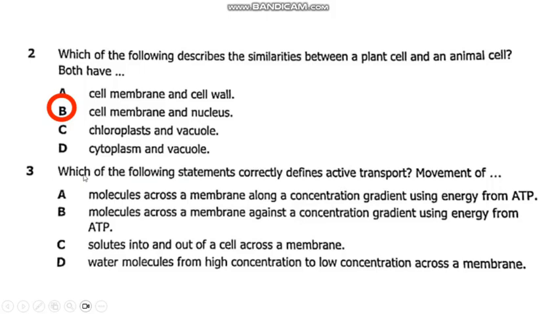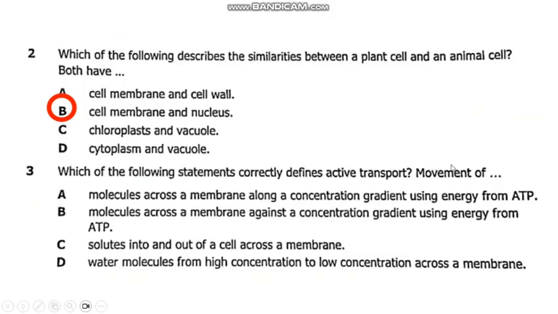We come to our question 3. Which of the following statements correctly defines active transport? Movement of: A, molecules across a membrane along a concentration gradient using energy from ATP; B, molecules across a membrane against a concentration gradient using energy from ATP; C, solutes into and out of a cell across a membrane; D, water molecules from high concentration to low concentration across a membrane.